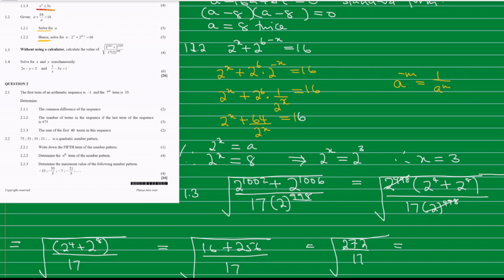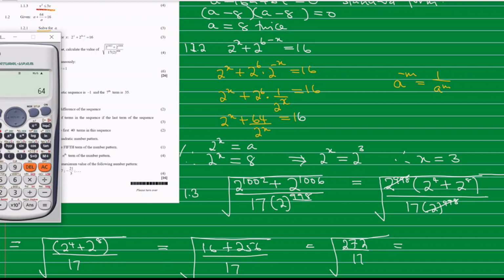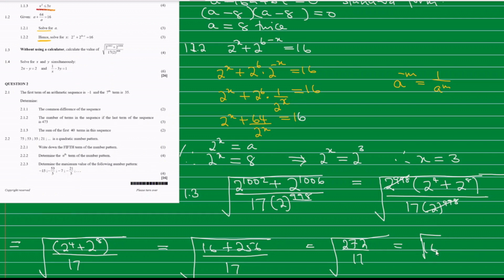Divide that one, 272 divided by 17 gives what? 16. So this will give us the square root of 16, which eventually gives us 4. Okay. So that's how you can simplify that.